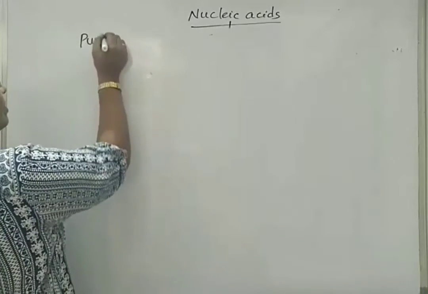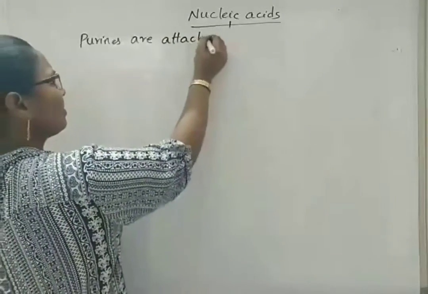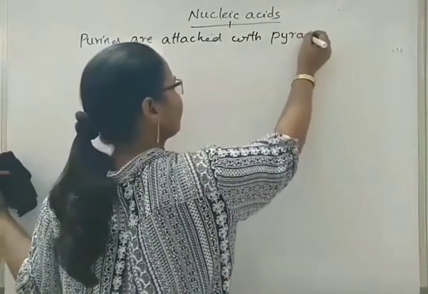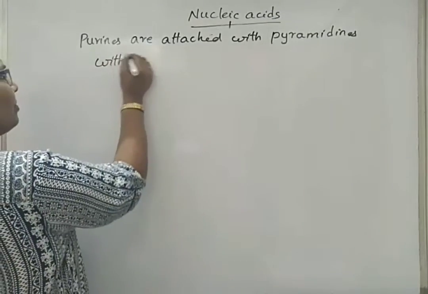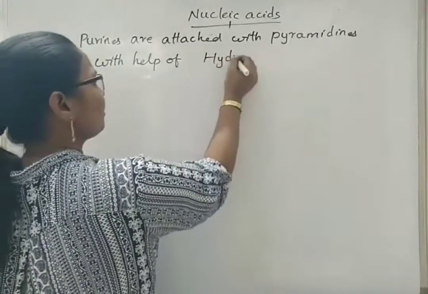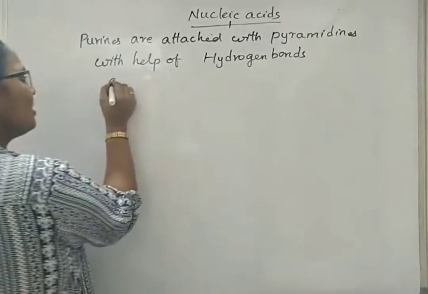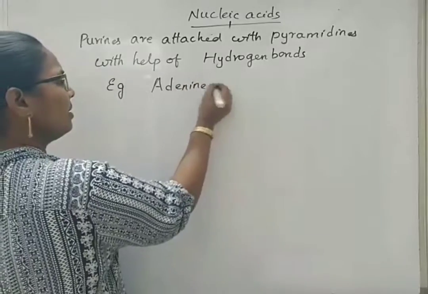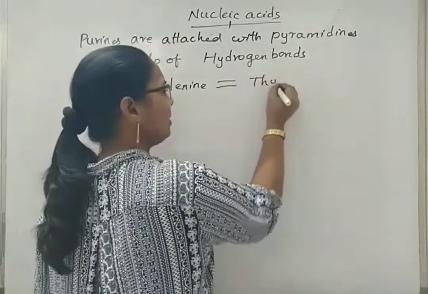So these purines are attached with pyrimidines with the help of hydrogen bonds. Example, if we see adenine, a purine, is having a double bond when it is binding with thymine.